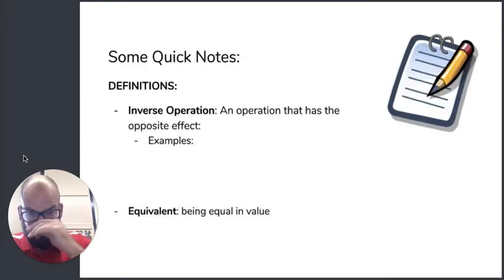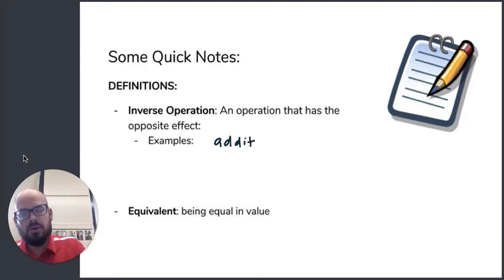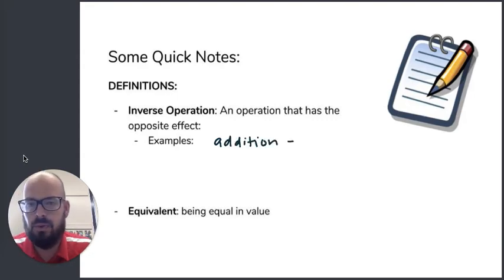So let's come back to this idea of inverse operations. We'll get back to our X plus 4 in a second. An inverse operation is an operation that has the opposite effect. So we've done something to a number, and then we want to undo it. We had 493, and we added 185, and then we took away 185, and we got back to 493.